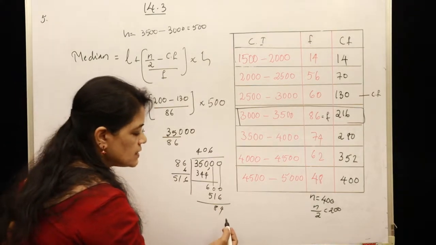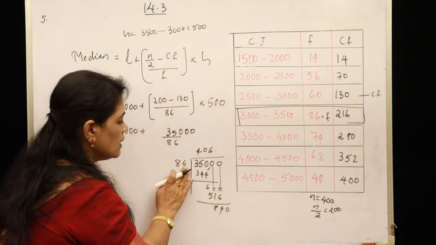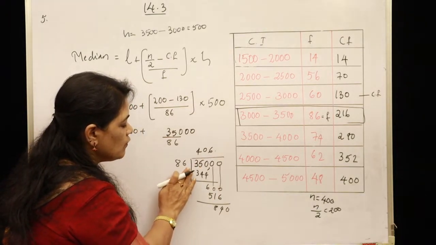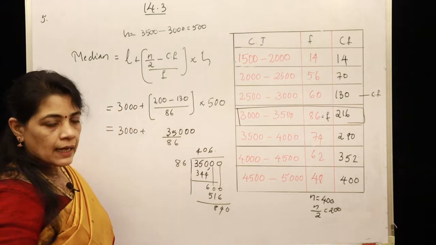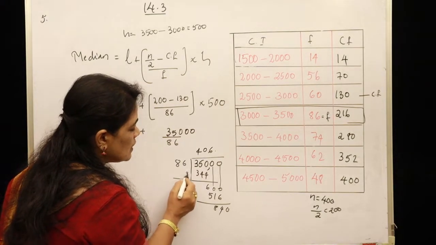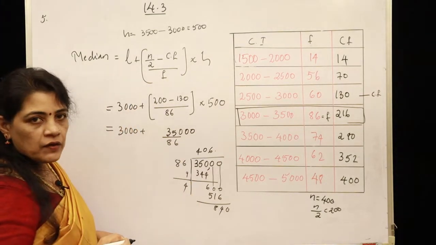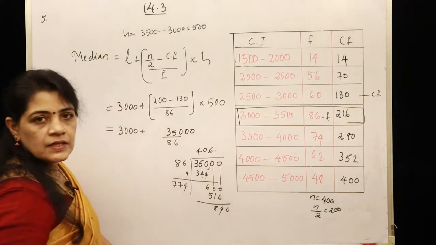Next I am going to put a decimal point here and 0, making 840. In 840 you can take 9. 9 6s are 54, 5 carries, 72, 77, isn't it?